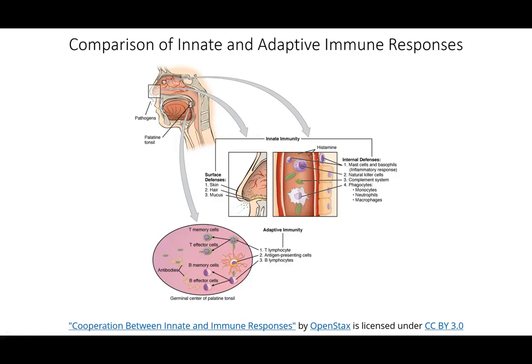And there are 3 subtypes of these T effector cells. They are helper T cells, cytotoxic T cells, and regulatory T cells. So helper T cells, as their name implies, they are going to be helpers. They are actually going to be the primary ones interacting with our antigen presenting cells.